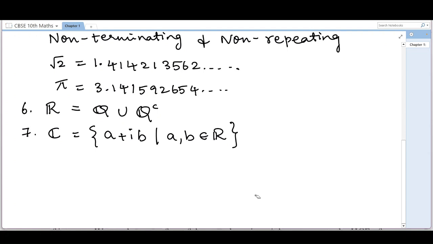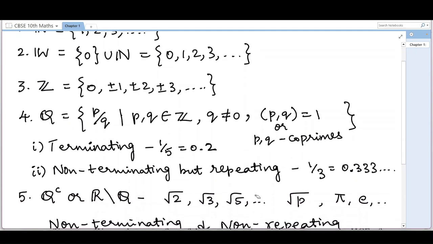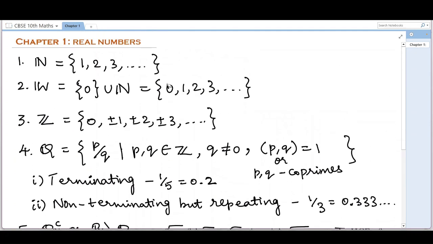What about natural, whole numbers and integers? All these number systems are rational numbers, because if you take any natural number, that can be written in the form p by q. For example, if you take 2, 2 can be written as 2 by 1. If you take 100, 100 can be written as 100 by 1. So any natural number can be written in the form p by q.